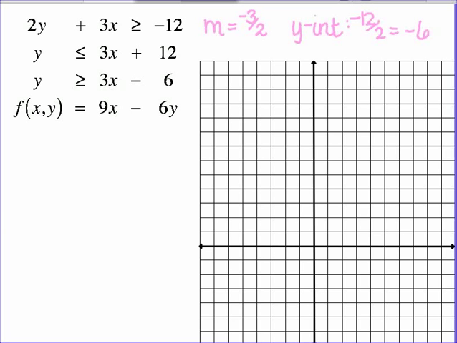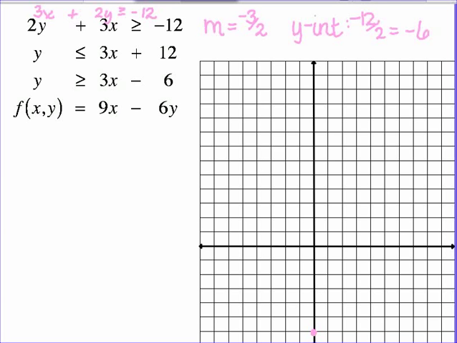It's 2. Because remember, we should write it as 3x plus 2y. If it's going to be written in standard form, it should be 3x plus 2y is greater than or equal to negative 12. So that's when you divide by 2. Yep. So our y-intercept is at negative 6, which should be right down here, and a slope of negative 3/2.